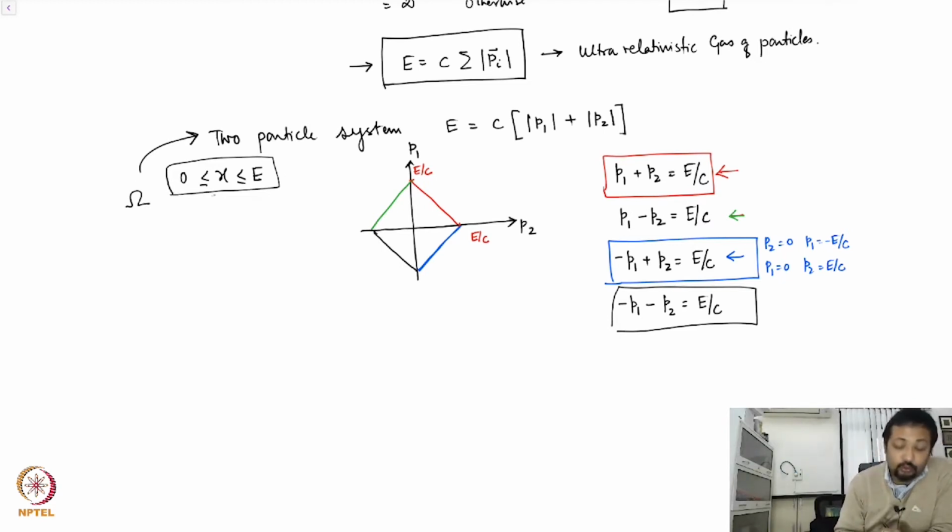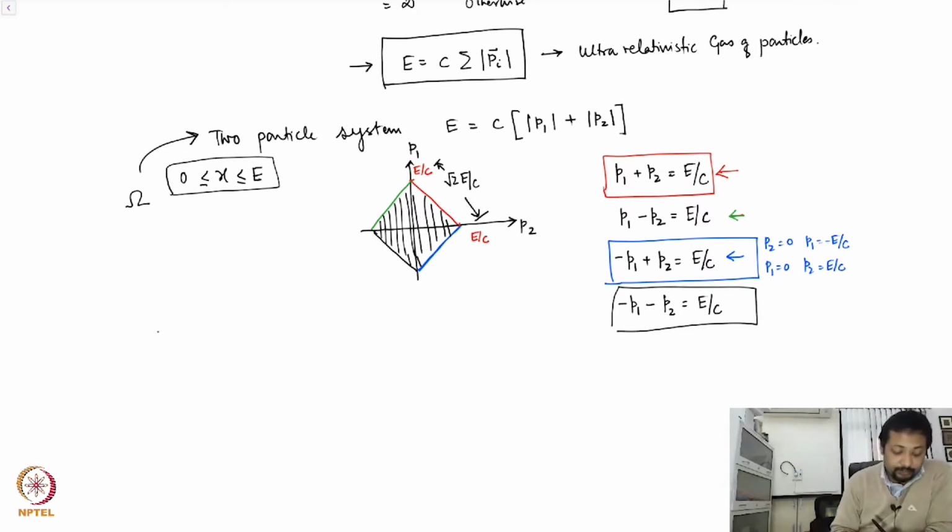We want to know the total number of microstates when the energy of the system lies between 0 and E, which is essentially the area contained in this. And that area I know because this length is a square of side length square root of 2 E over c.